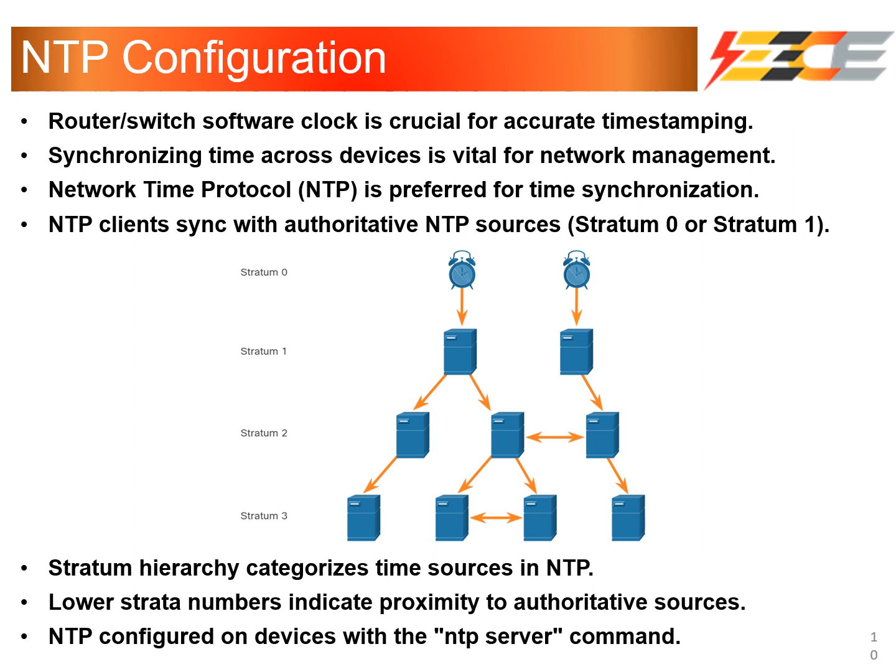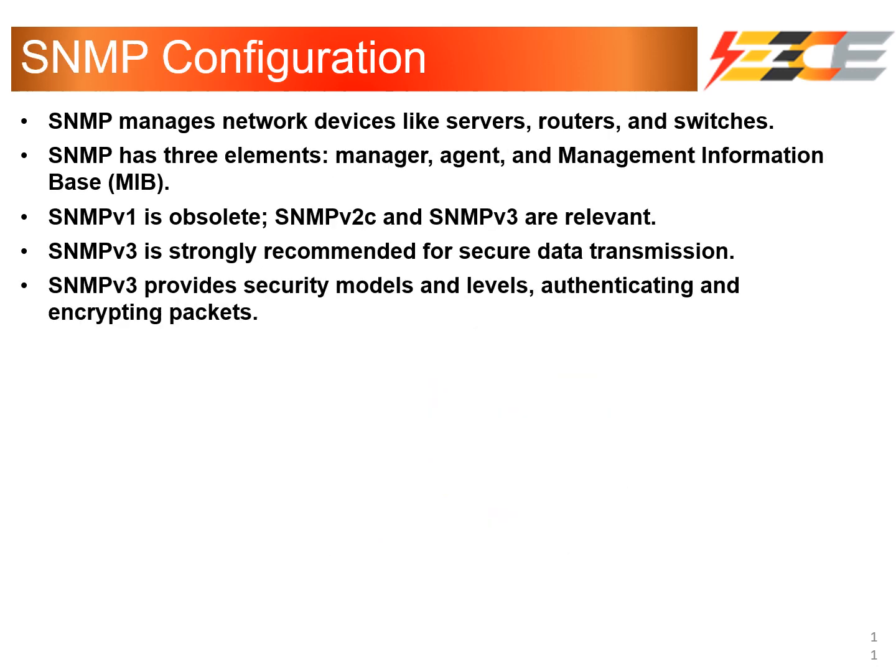Stratum levels range from 0 being the highest to 15 being the lowest. NTP servers in the same stratum level can be configured as peers to provide redundant time sources for clients or to synchronize each other. Lower stratum numbers indicate proximity to authoritative sources. NTP is configured on devices with the NTP server command.